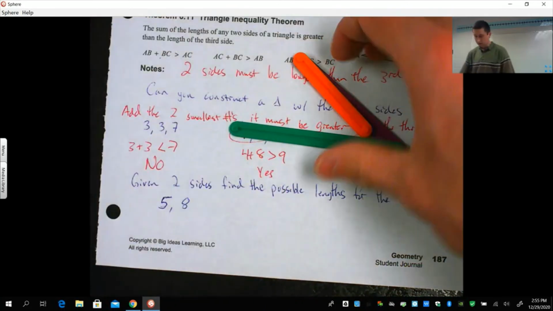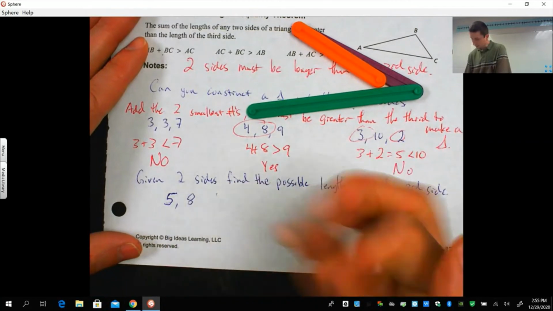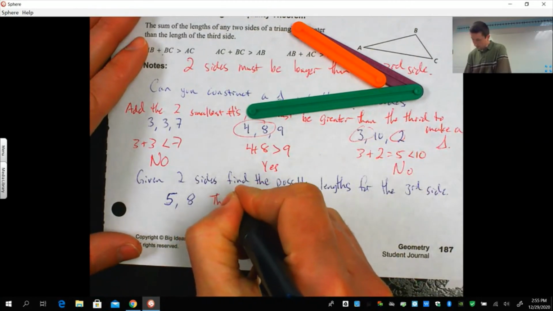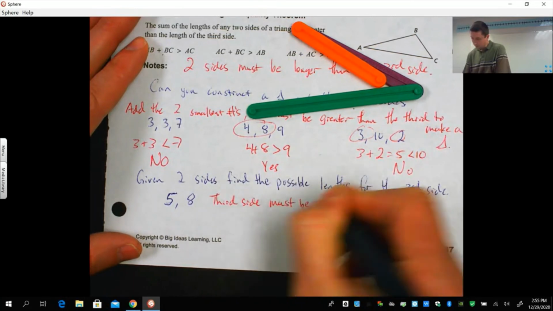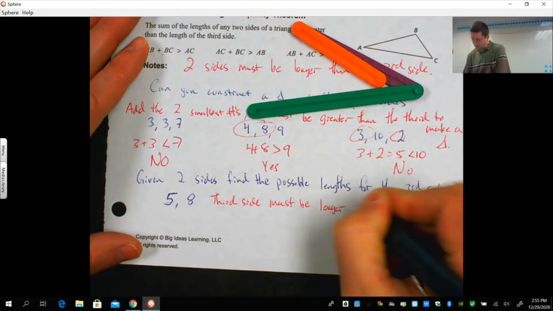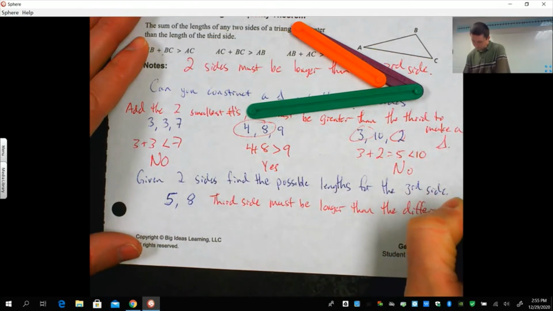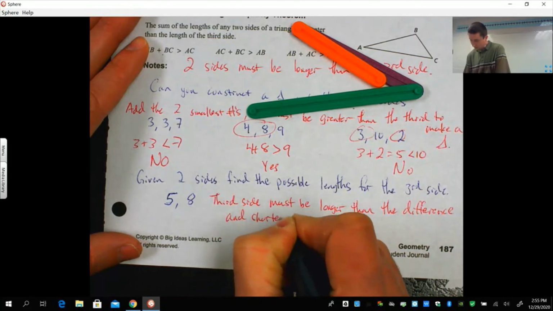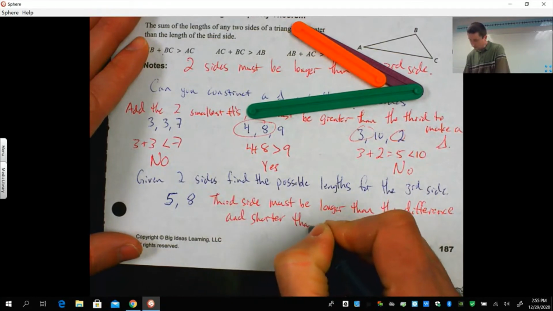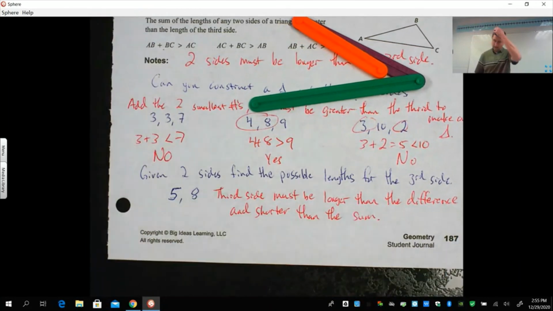So how we do these is the third side must be longer than the difference and shorter than the sum. It has to be longer than the difference and shorter than the sum.